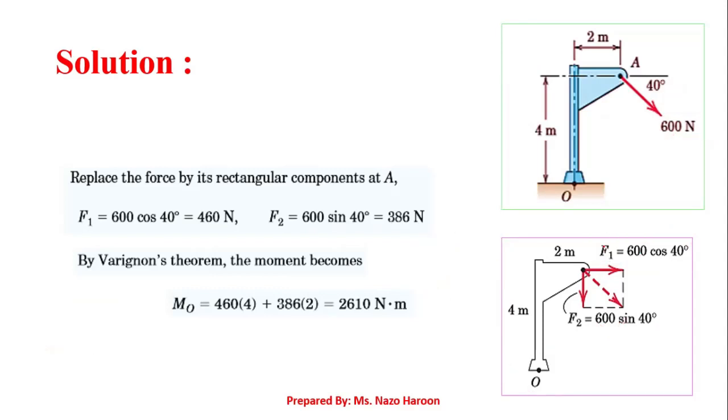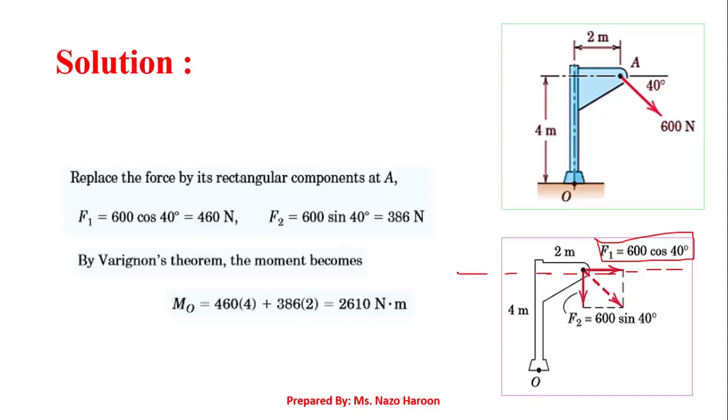Okay, so let's start with the force component that was along the x-axis. So this is 600 cosine of 40. Now if you draw the line of action of this force, it would be something like this, this dashed line. So this is the direction of the force. Now you have to look very closely at what the moment arm distance is.